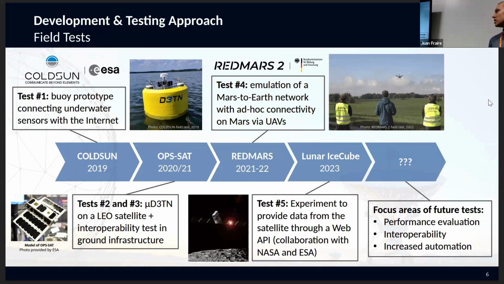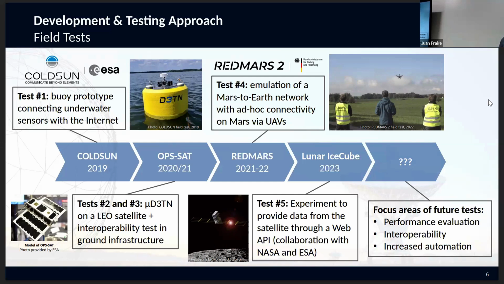Unfortunately, the Lunar Ice Cube failed to deploy at some point. However, we performed an emulation experiment based on real data, and were able to show interoperability also with the other implementations.